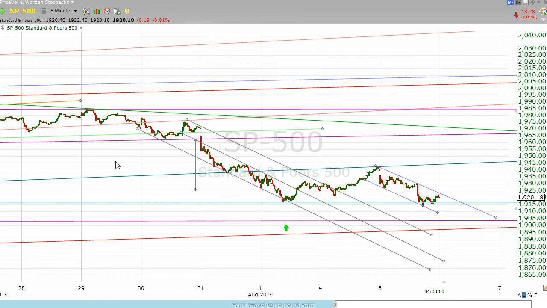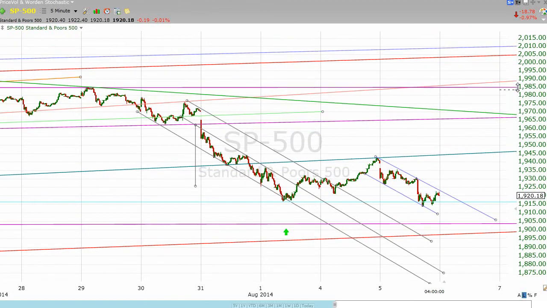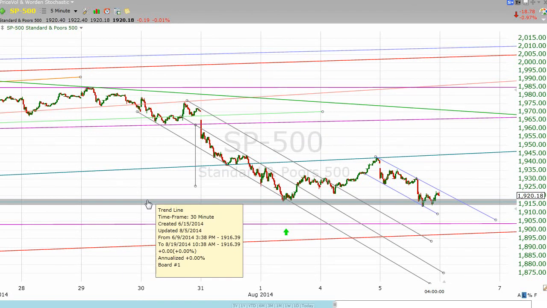And just to remind you that one of the basic tenets, if you will, of technical analysis is that a well-defined support line, once it is broken, tends to turn into resistance.